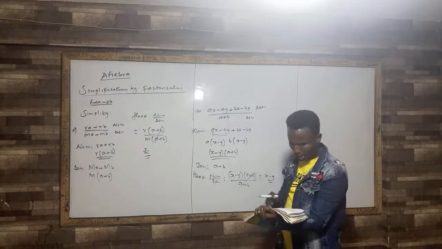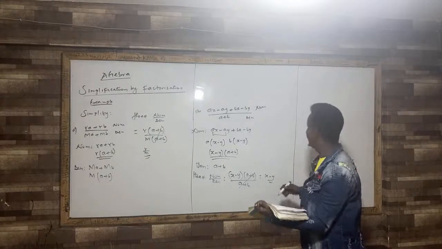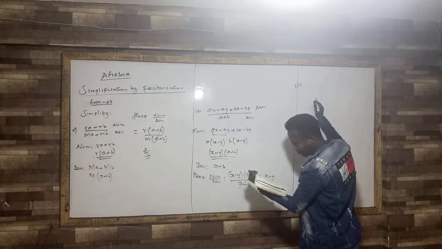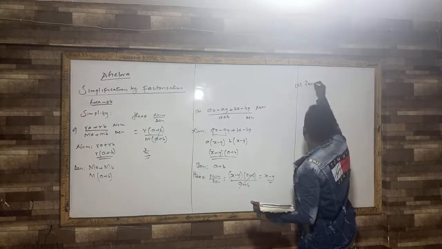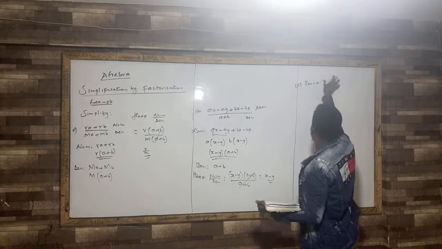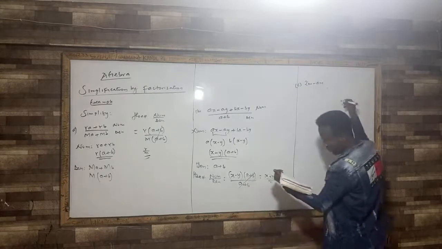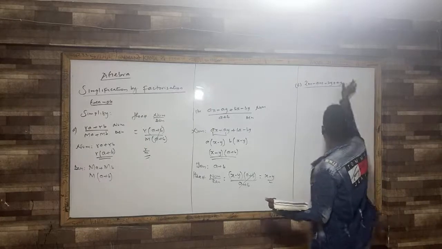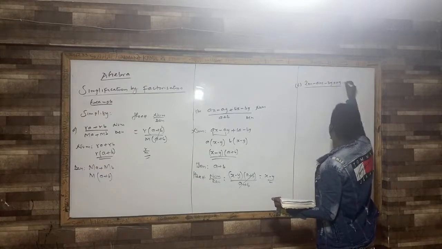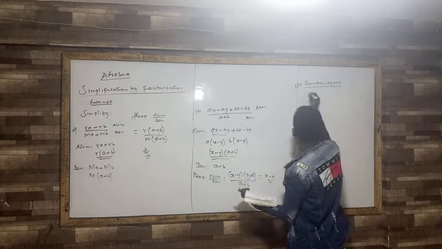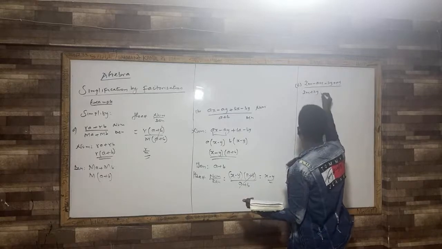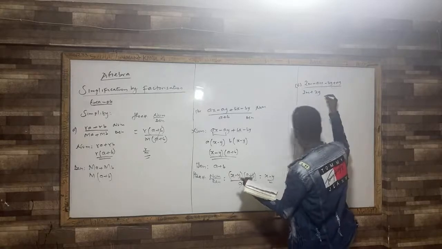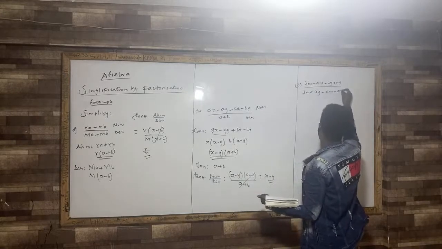Let me add for you another one so that you don't suffer during our national exam. Let me add this one as C here. We have 2m minus am minus 2y plus ay divided by 2m plus 2y plus 2y minus am minus ay.